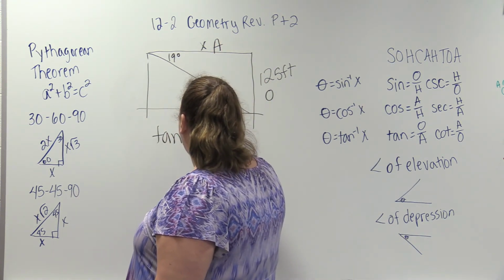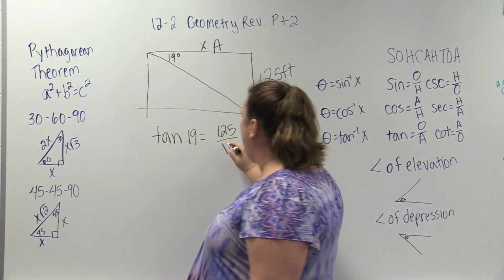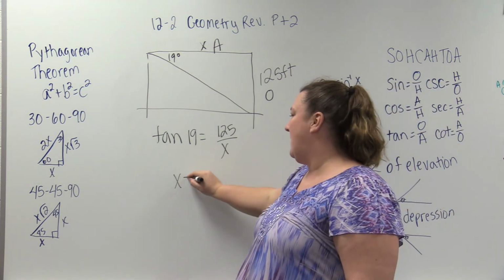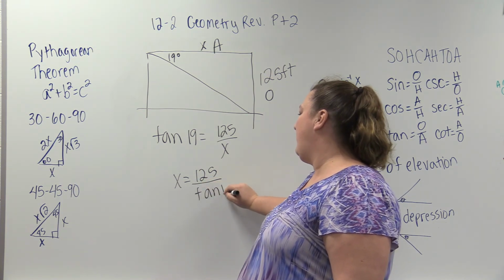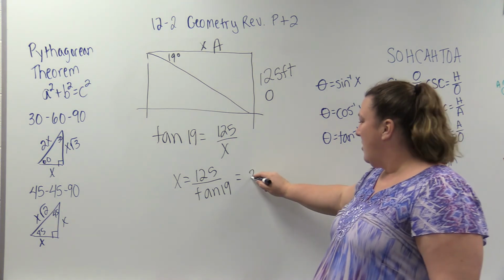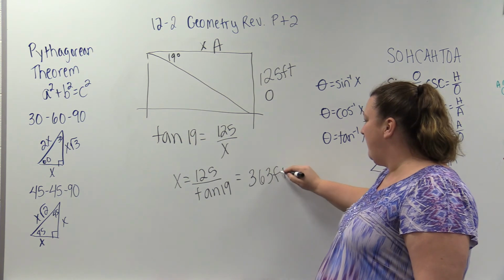So I have the tangent of 19 equals 125 over x. And x equals 125 over the tangent of 19, which gives me 363 feet.